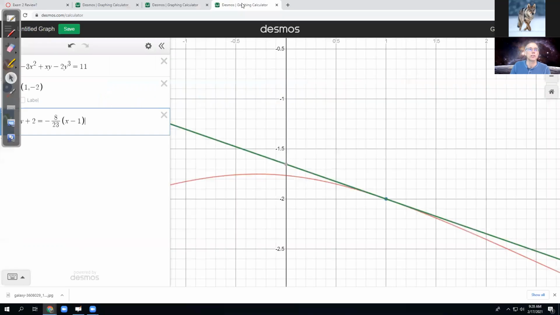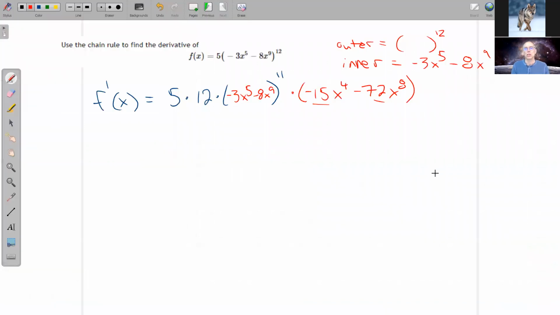Check. 5 times 12 is 180. So I'm factoring a 3 out of here, just like dividing, right? So that's going to give me negative 180. And then times, there's not much I can do with that, just leave it as it is.